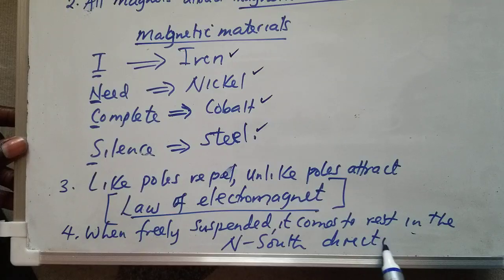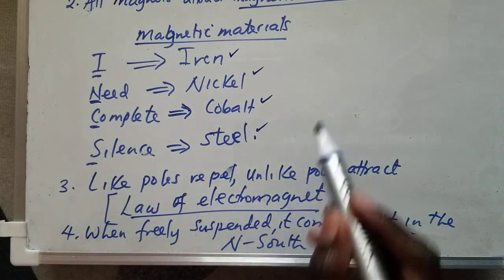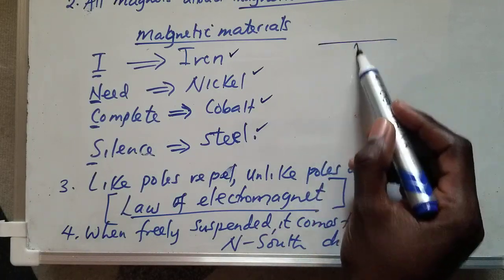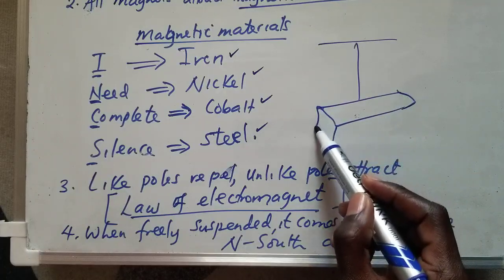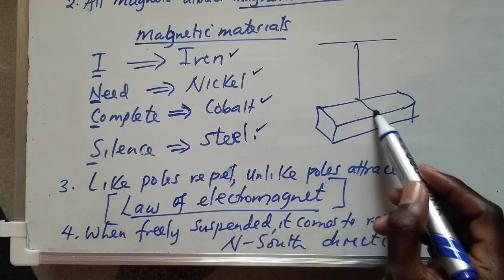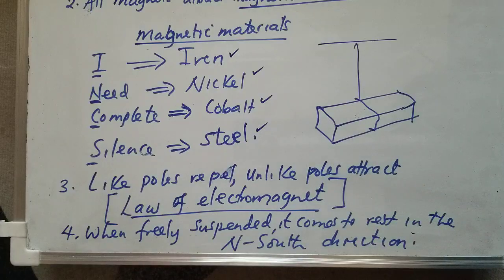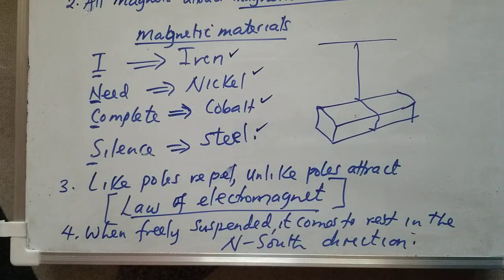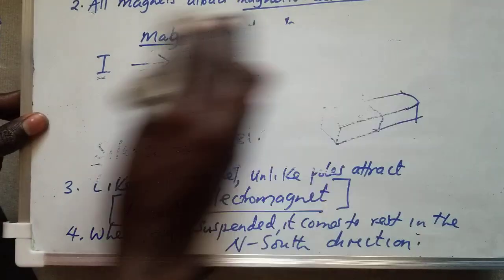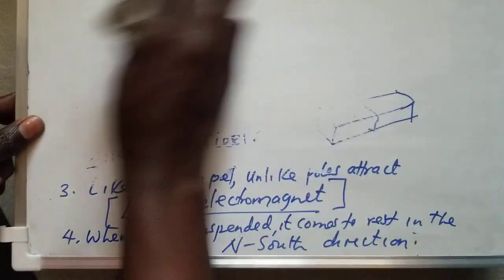When a magnet is freely suspended in air using a string, it will always come to rest pointing in the north-south direction. That is what you need to remember. These are important properties of all magnets that you need to remember.